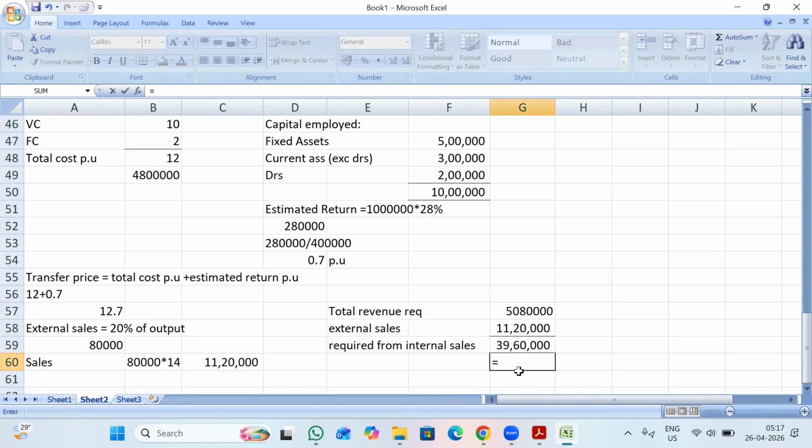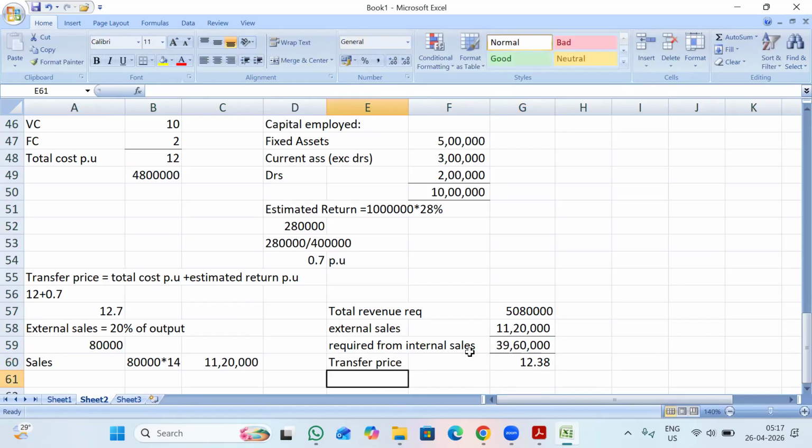So this is for how many units? Out of 4 lakhs, I am selling outside 80,000. So 3,20,000 only will be my internal sales. So 12.38 will be my transfer price here.